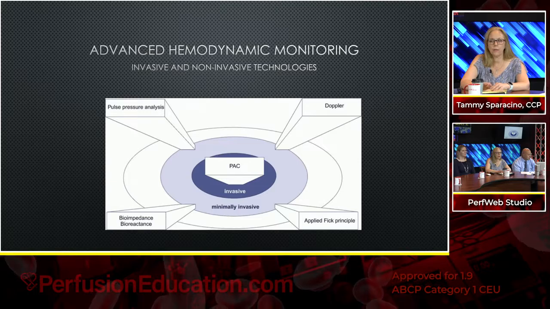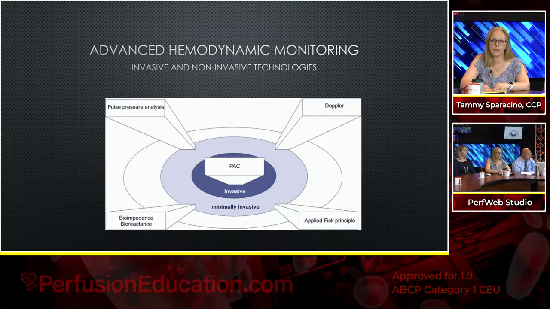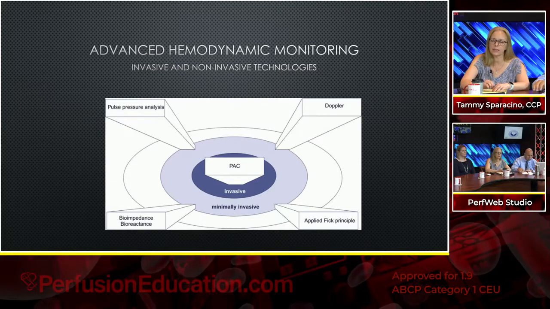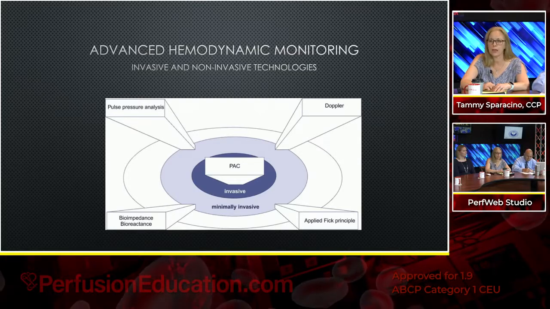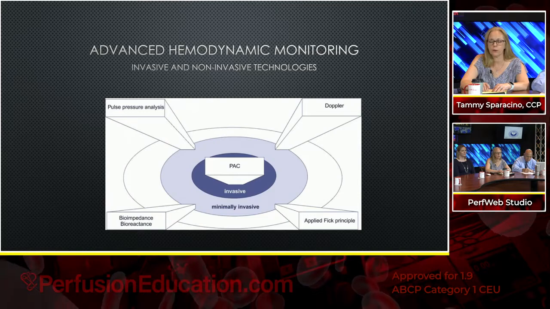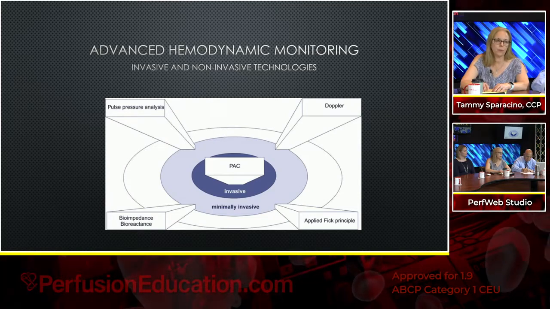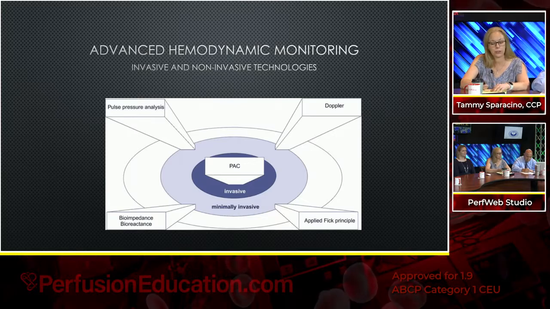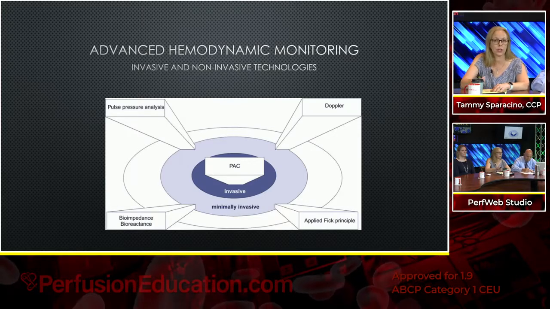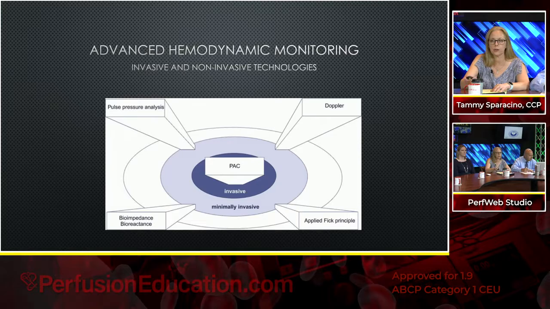The other two, although there's a lot of promise with the bioimpedance, I didn't find a lot of ICUs that were doing that. And the applied Fick principle is also great, but too intensive for getting your calculations. So a lot of times they are just relying on these other things in those particular environments.